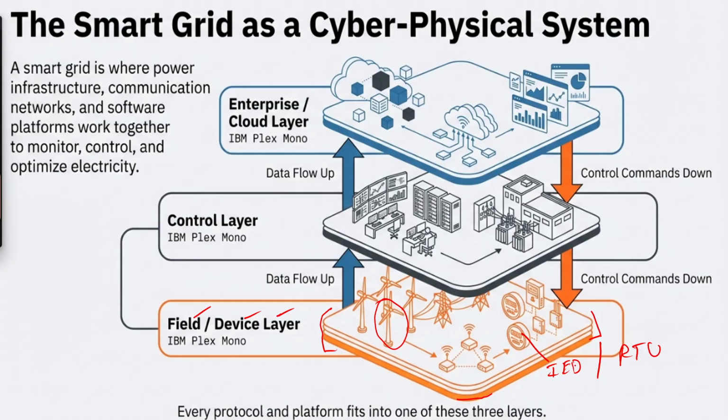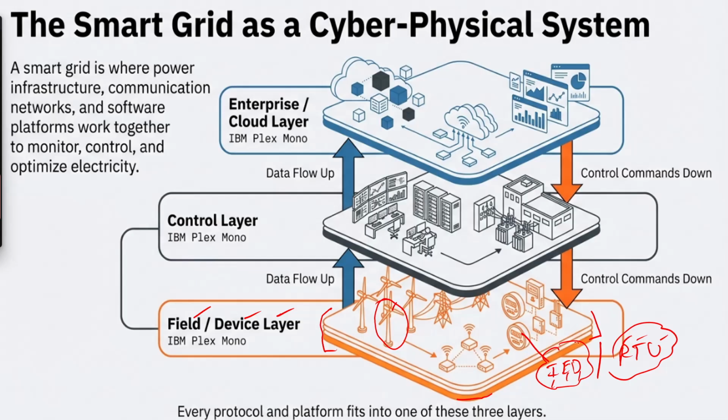IED is an intelligent electronic device, and RTU is a remote terminal unit, right? These are called the brain, where these two devices will collect all the data from these resources. It could be wind, it could be solar, it could be any kind of generation.